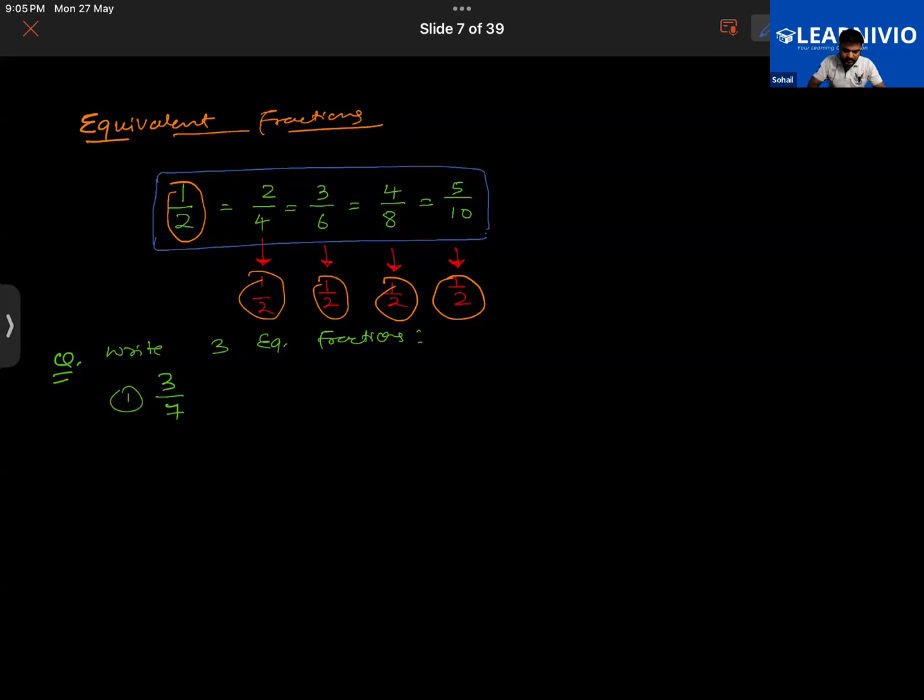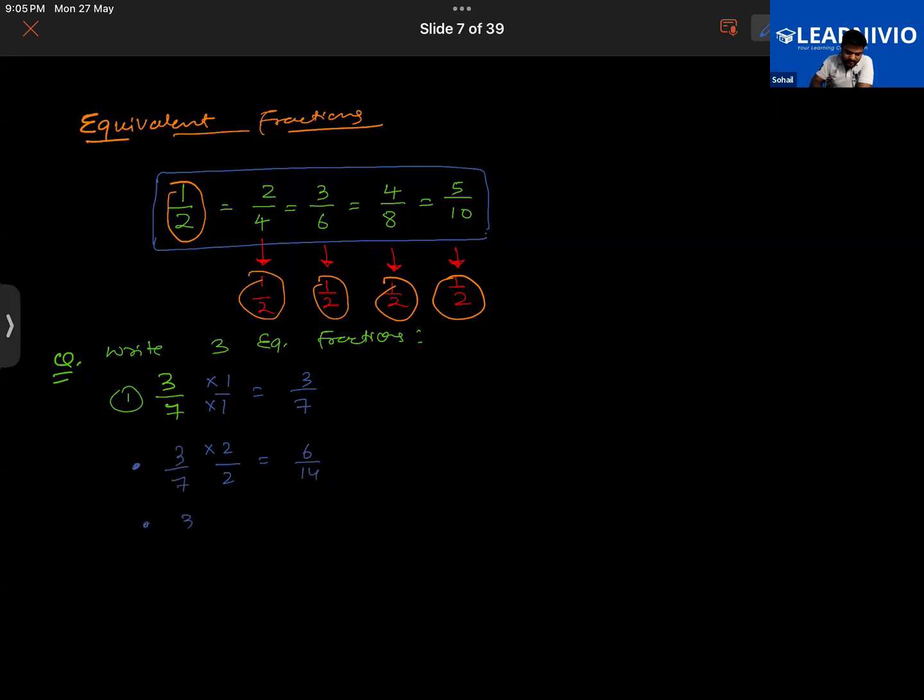First of all, you're going to multiply the numerator and denominator with 1, both of them. So that is 3 upon 7. Then you're going to multiply both of them with 2. So that would be how much? Quickly. 6 upon 14 now. Right.